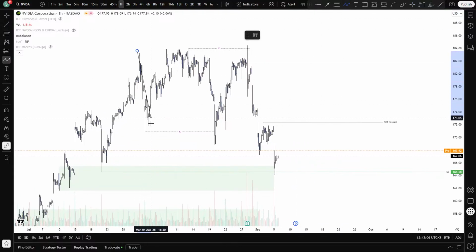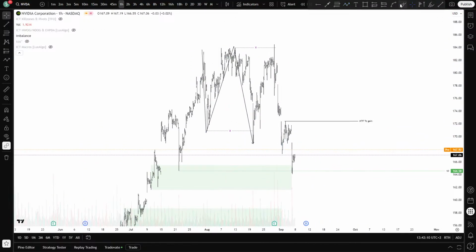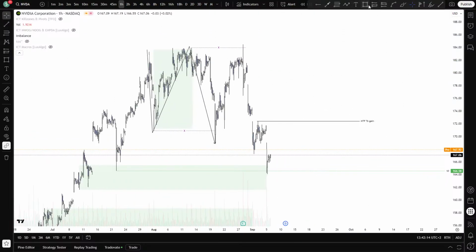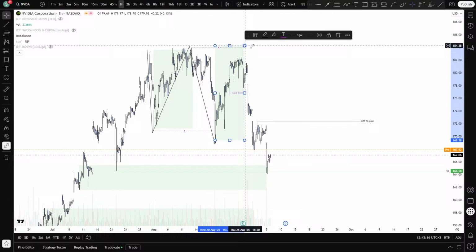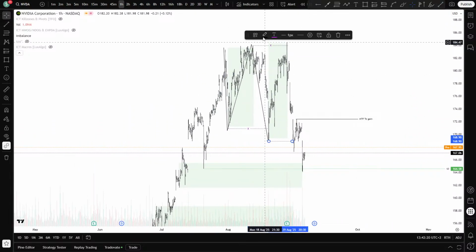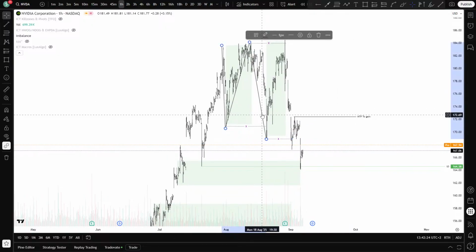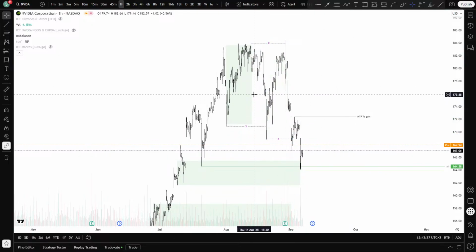So this was just manipulation for the market to take out all the buyers from this move, and then once again all the buyers from this move. So what does this tell me? This tells me, okay, we had two really nice manipulation legs here.